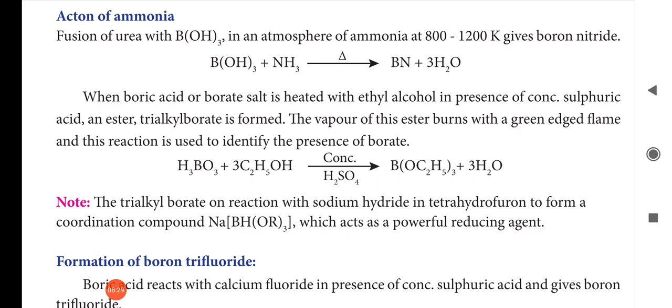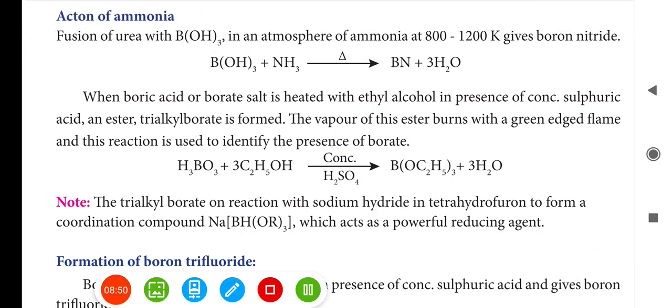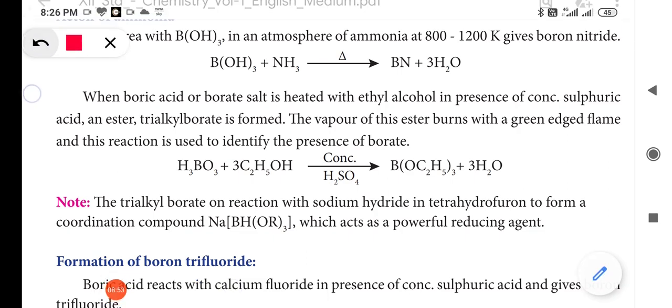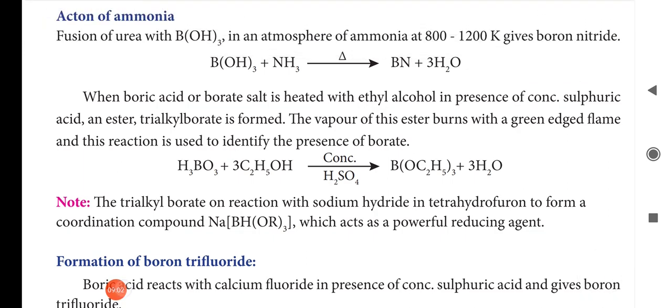Fusion of urea with boric acid in an atmosphere of ammonia at 800 to 1200 Kelvin gives boron nitride. Do you know urea?